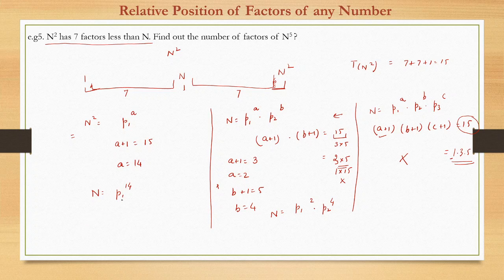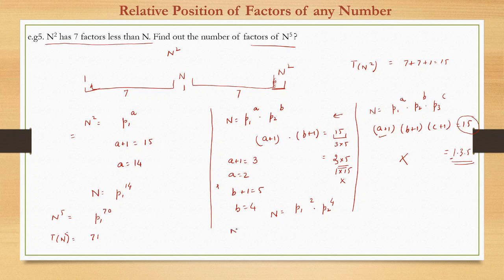So we have got two cases, n is equal to p1 raised to power 14 or n is equal to p1 square into p2 raised to power 4. So we have to find the number of factors of n raised to power 5. So n raised to power 5 would be p1 raised to power 70. So the number of factors will be 70 plus 1, 71.